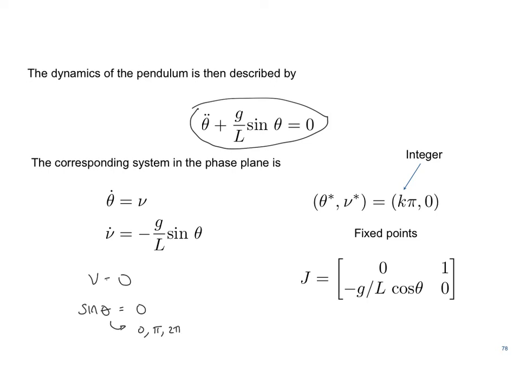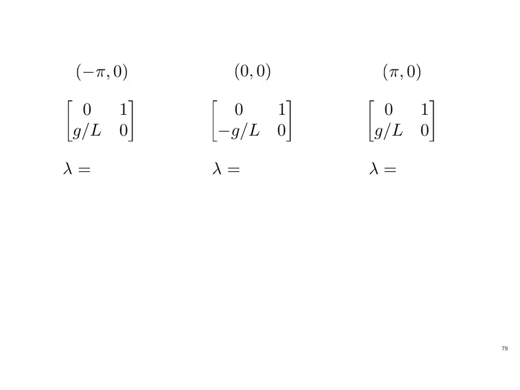So that is what we have in here. As in the example of the previous slides, for each fixed point we obtain a Jacobian, and then let's select 3 fixed points. We will select minus pi, 0, 0, and pi, 0.